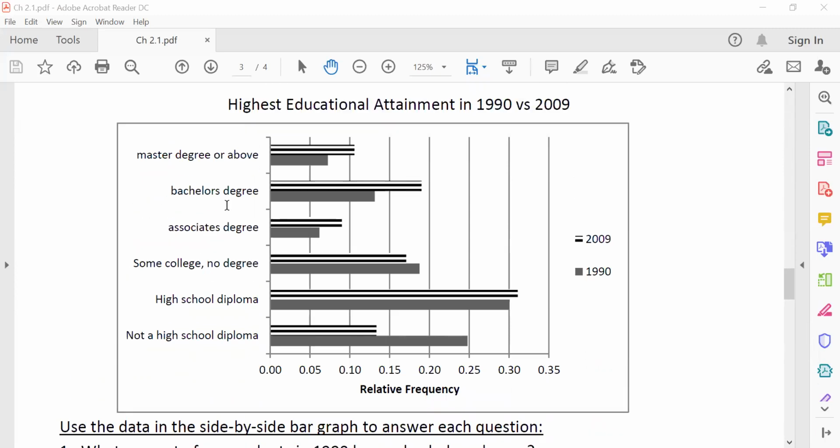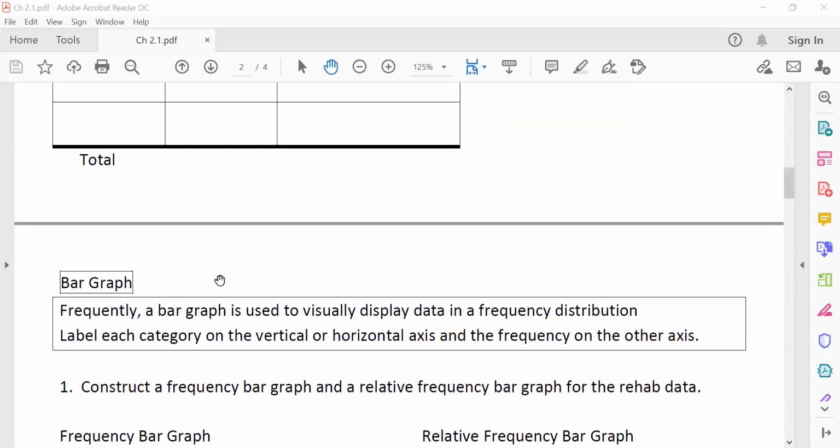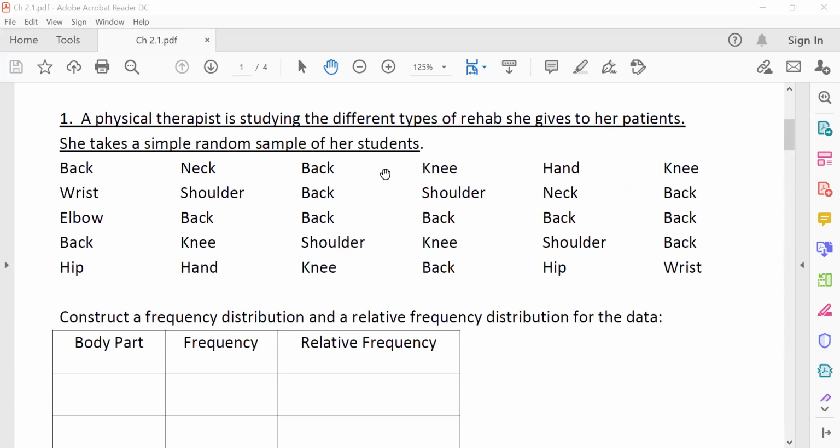So again, this is qualitative data. The major thing I want to impart upon you is that the data itself is back, neck, wrist, shoulder, all that. The data is the information. The fact that we went up and counted it is us adding another layer onto that data.